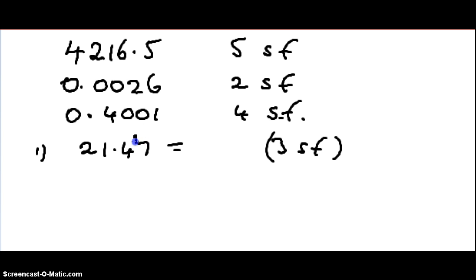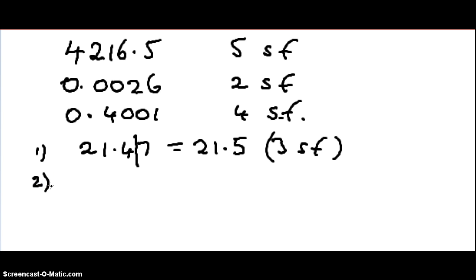So I'm going to put a line at the position of the third significant figure between the 4 and the 7. I now look at the 7 and I notice that is more than 5, and it would mean that the 4 would be better to be rounded up to a 5, so that the answer to this question is closer to 21.5 rather than 21.4.